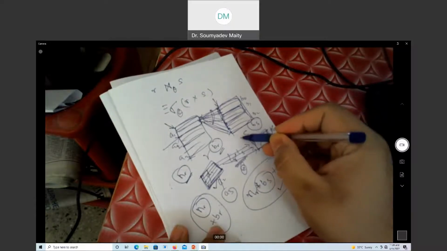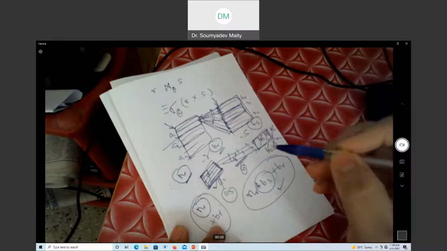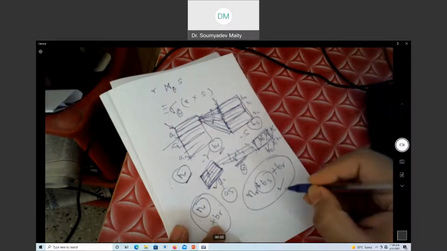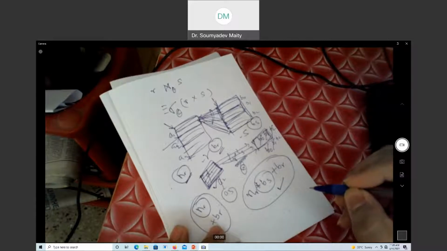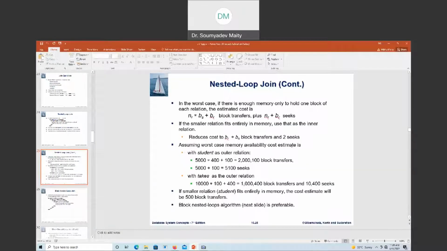The inner relation is S and the outer relation is R. In that case, we showed that NR into BS plus BR block transfers and NR plus BR head seeks will be required.